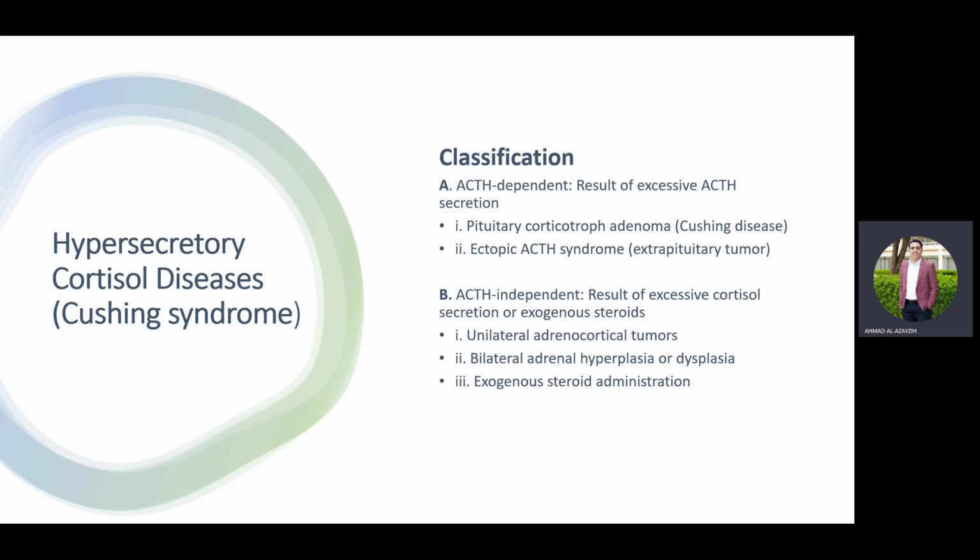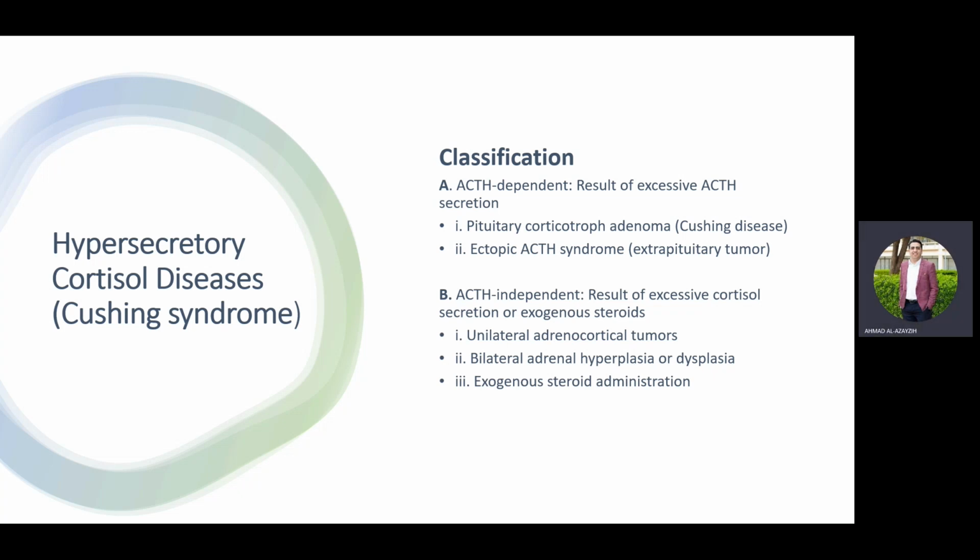Pituitary adenoma means that you have more ACTH secretion, which of course will lead to more corticosteroid production. If the problem is in the pituitary, we call it Cushing disease. If you have something else, an ACTH problem or overproduction not due to pituitary adenoma, we call it Cushing syndrome.